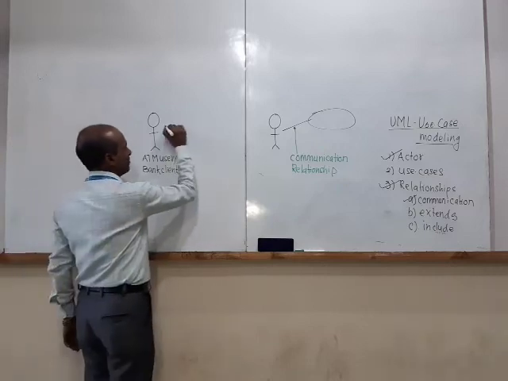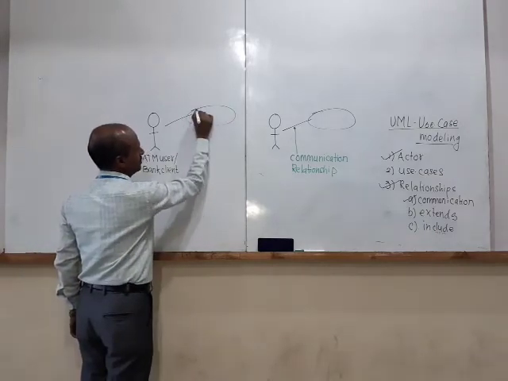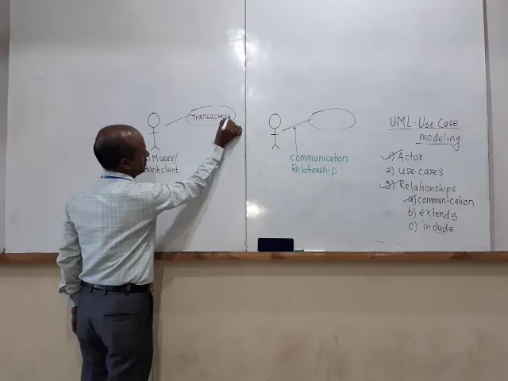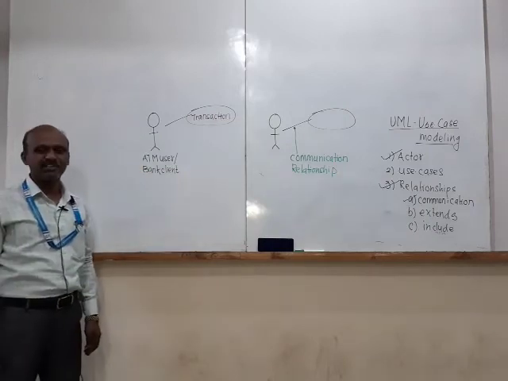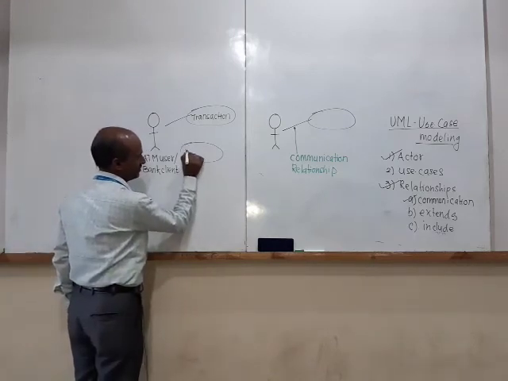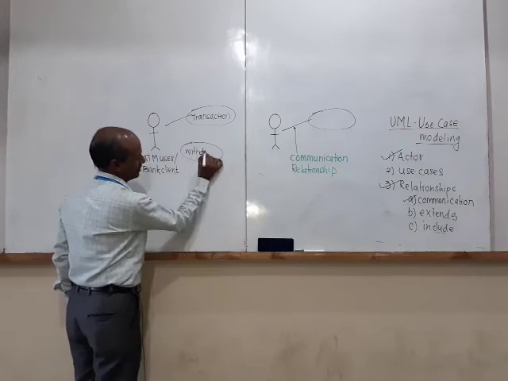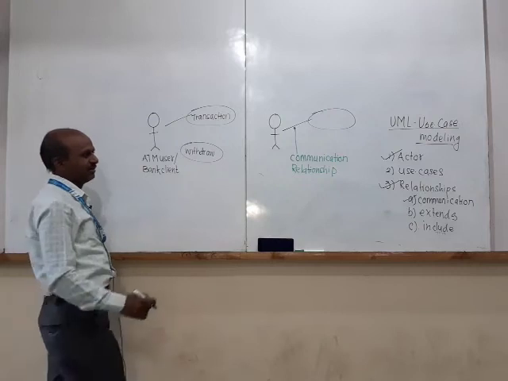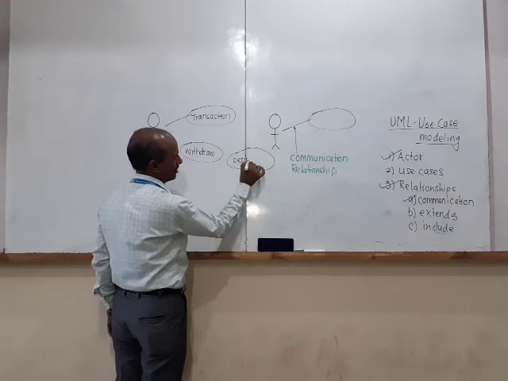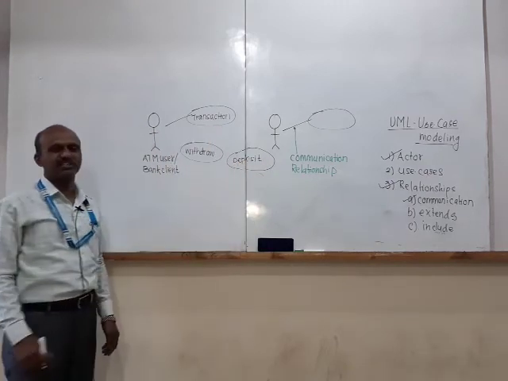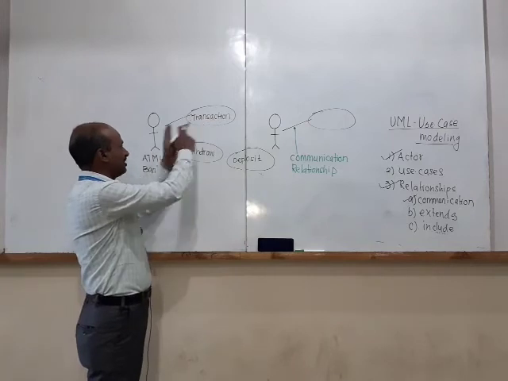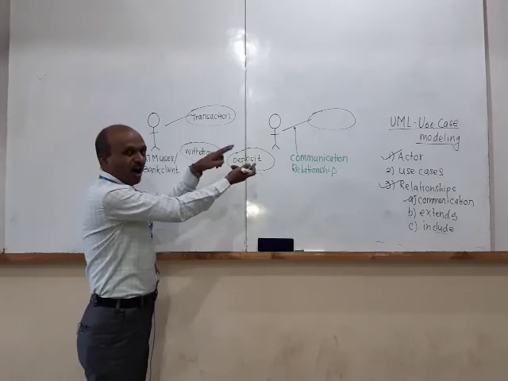The bank client does transactions with the ATM, and a transaction is of type either withdraw money from the ATM, or, since some ATM machines support depositing, deposit. So the option is there: the user will do either a withdraw or a deposit.